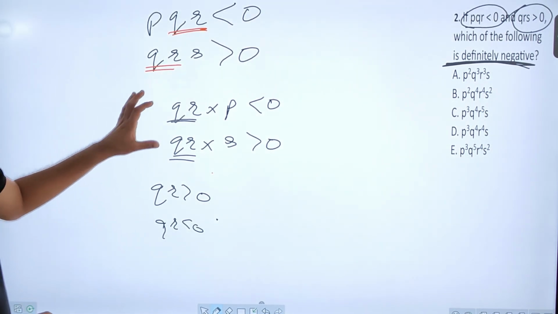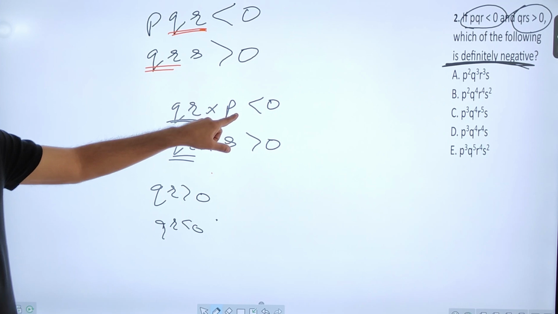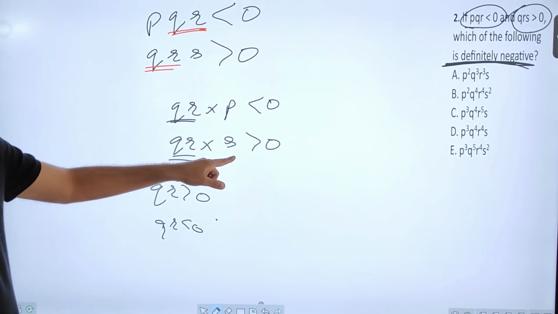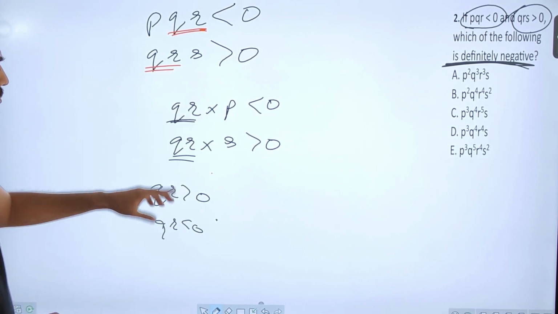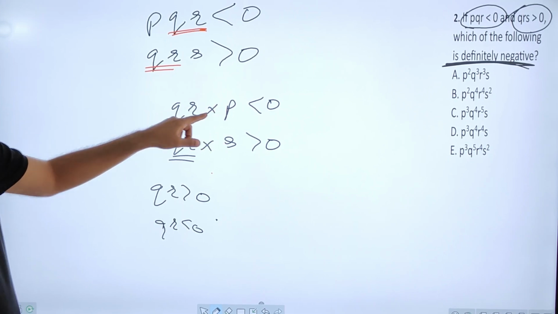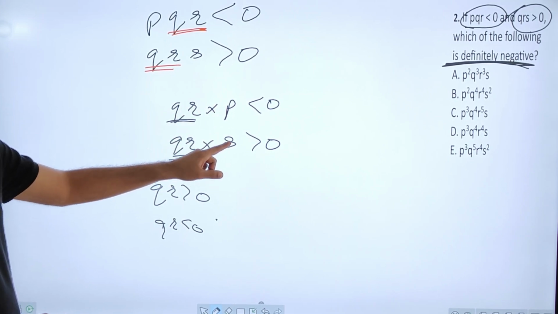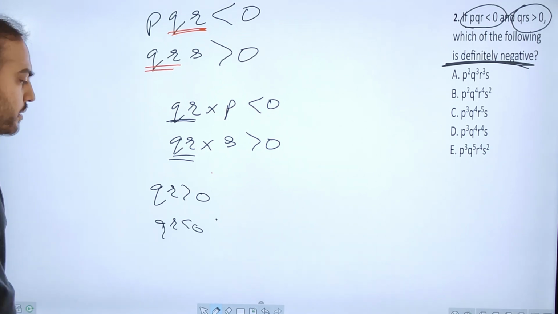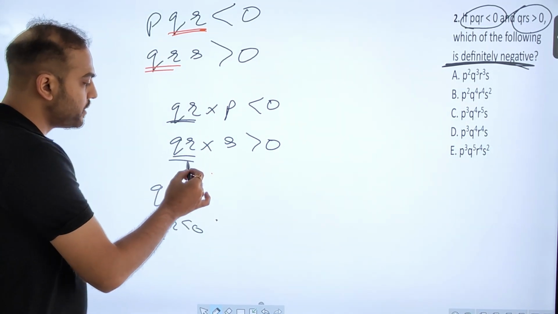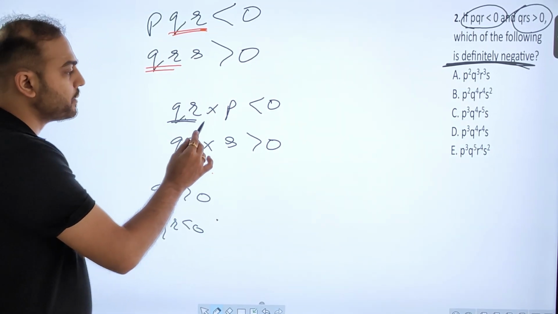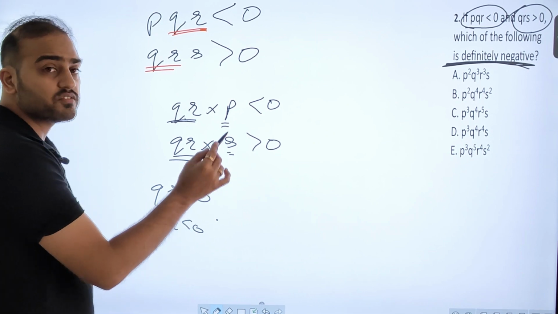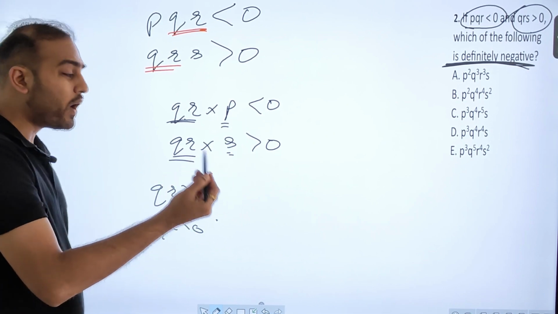If QR is positive, then I know P is negative and S is positive. Similarly, if QR is negative, P is positive and S is negative. The point being, the same term when multiplied to P and S gives me different signs.